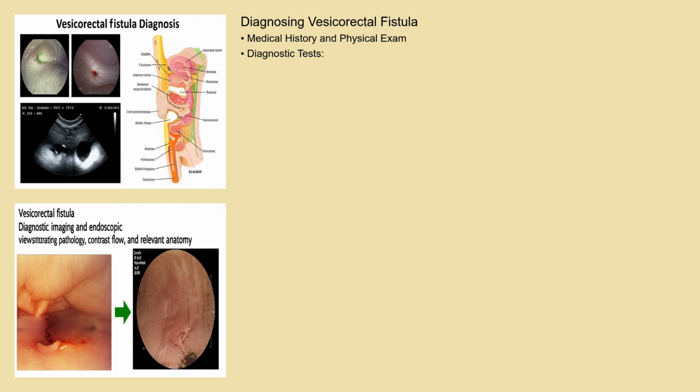Imaging studies, such as a CT scan or MRI of the pelvis, can help identify the fistula tract and assess the surrounding tissues. A cystogram or voiding cystourethrogram, where contrast dye is injected into the bladder and X-rays are taken, can also help visualize the fistula. Methylene blue dye instillation into the bladder can be used to see if the dye appears in the rectum, confirming the presence of a fistula.